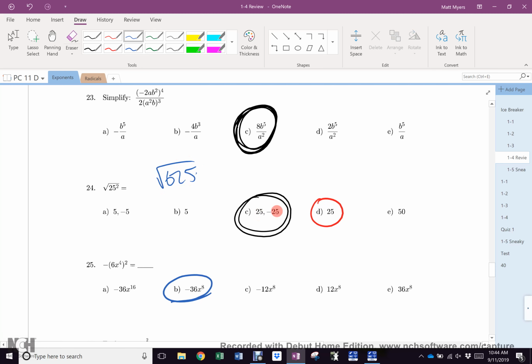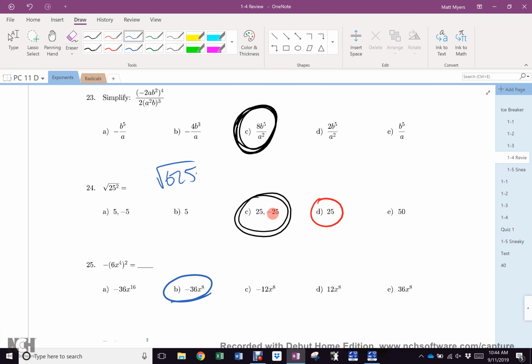Because negative 25 times negative 25 would be 625, because negative times a negative is a positive. So the real answer is D, but some kids always circle C because of that negative. Does everybody understand?